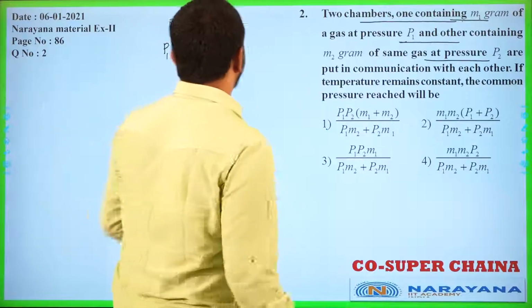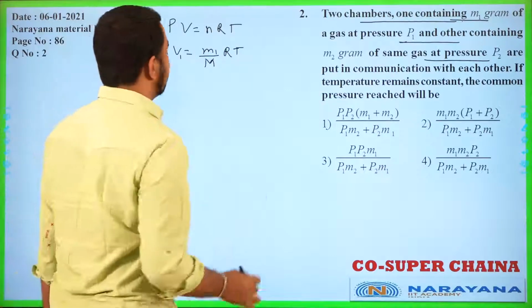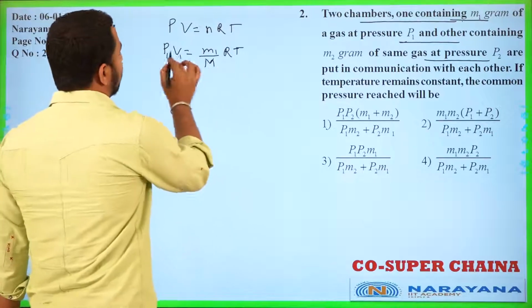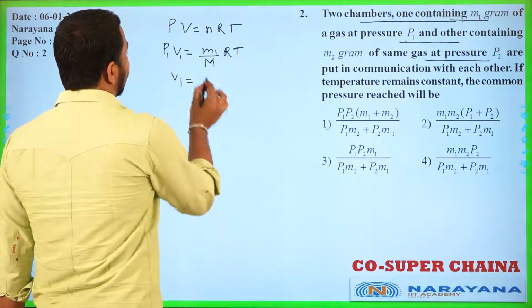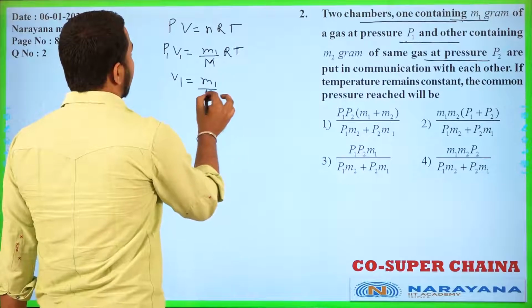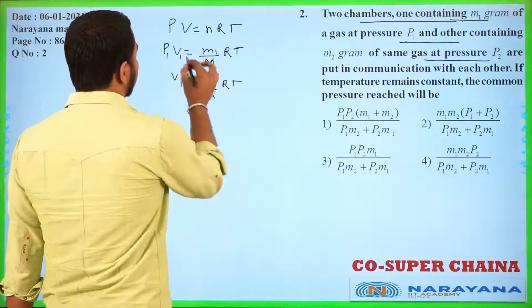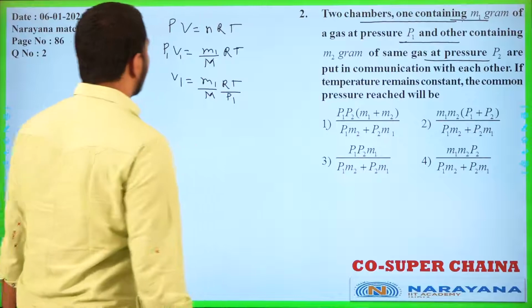The temperature remains constant here. So from P1 V1, we have to get V1. V1 will be M1 by M, RT by P1, right?